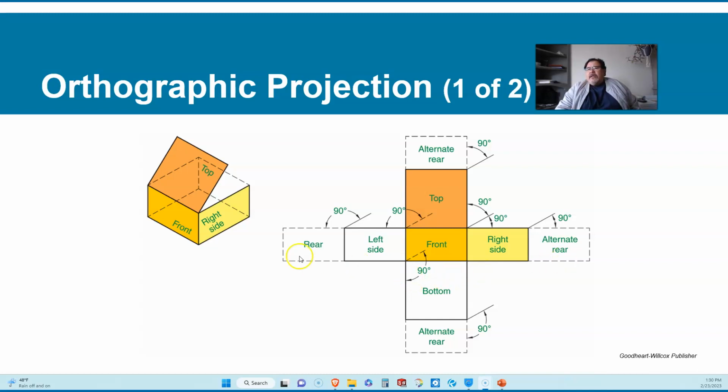So understanding the concept of this box and the relationship of the sides to the front and the tops to the bottom and the alternating rear view helps you understand that each one of these particular sides is what you need to see in a drawing. When I'm looking at it from the front or the sides or the rears, from the bottom to the top, I'm looking at an elevation.